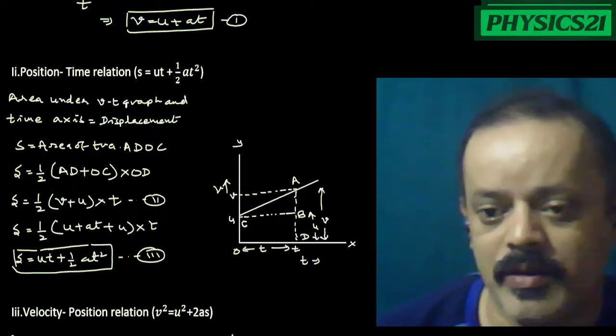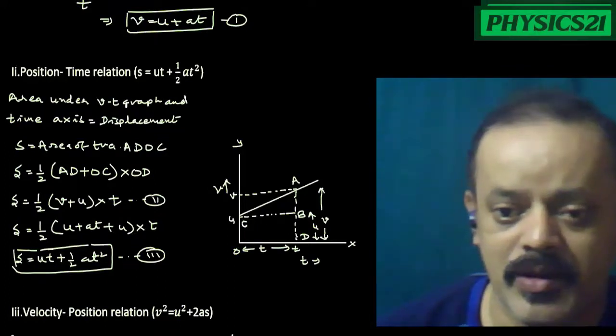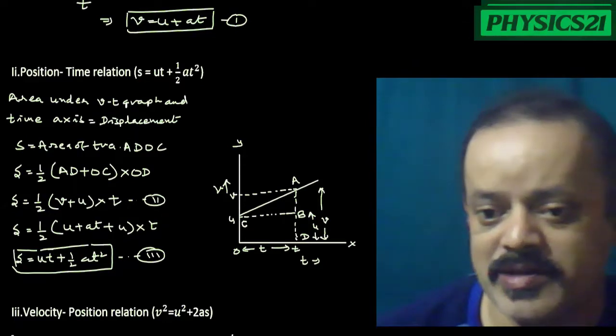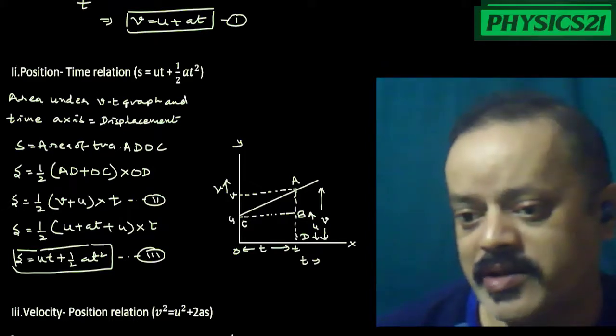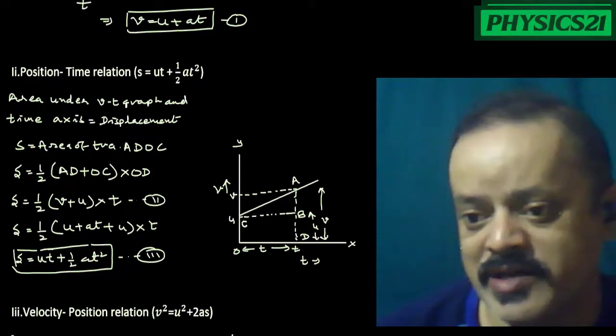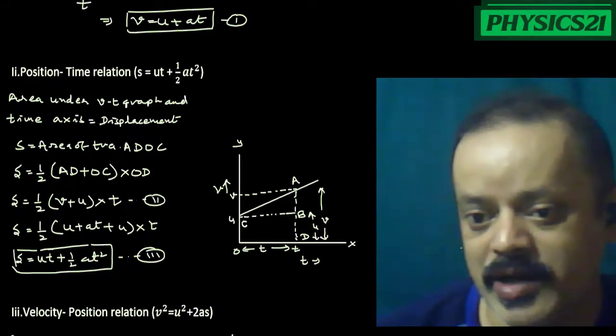Now the area of a trapezium is given by half multiplied by the sum of the parallel sides, then multiplied by the perpendicular distance between the sides. So in this graph, the parallel sides are AD and OC, and the perpendicular distance between them is OD.